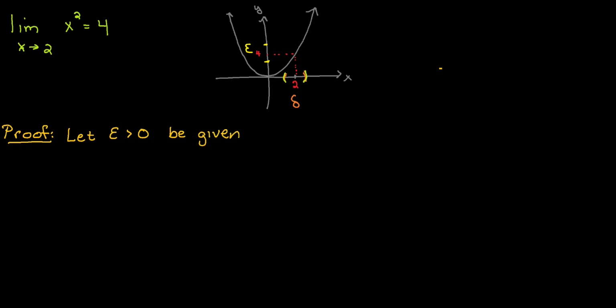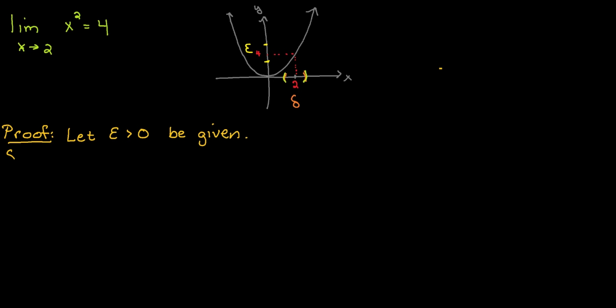Okay, so someone's going to give us this epsilon greater than 0. I'll give it to you, or somebody in the next room is going to hand us an epsilon, and no matter what epsilon is given, we're going to have to figure out what the delta needs to be. We need to discover what delta needs to be.